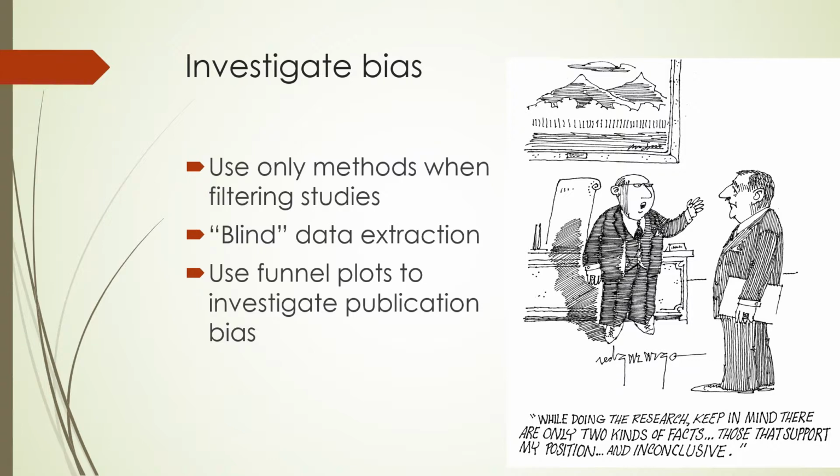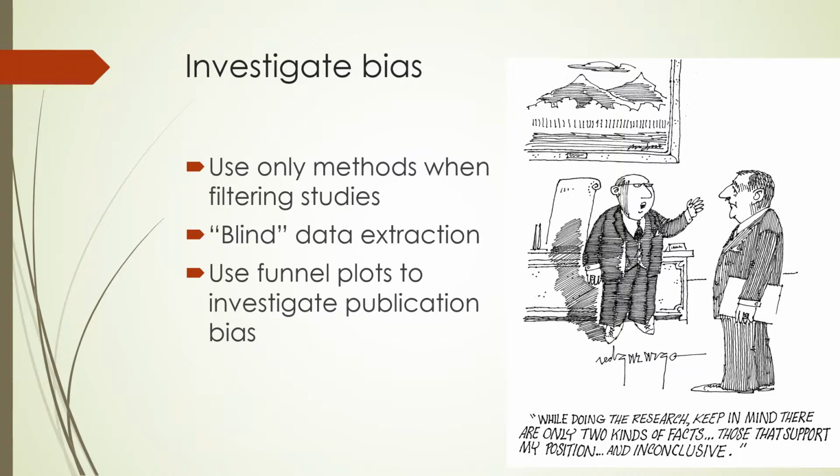Another point Gates brings up is to investigate potential bias in the literature that you're using for your meta-analysis. Now you'd think it'd be fairly obvious, but it's very important to only consider the methods that were used when filtering studies, and obviously the question that's being asked.